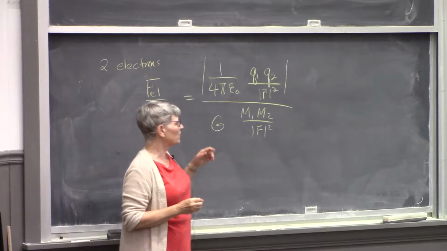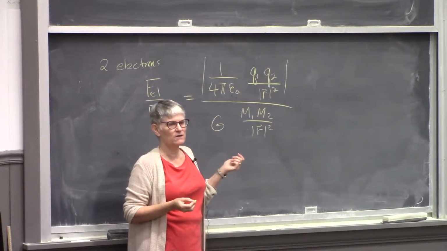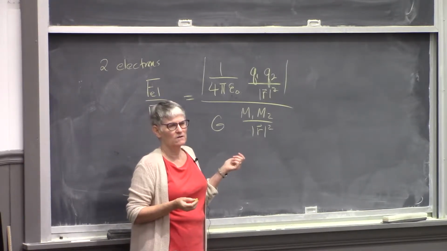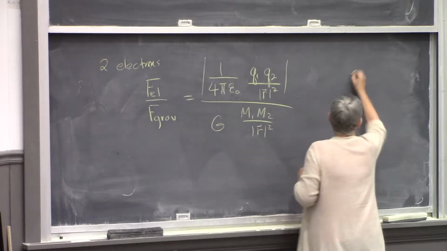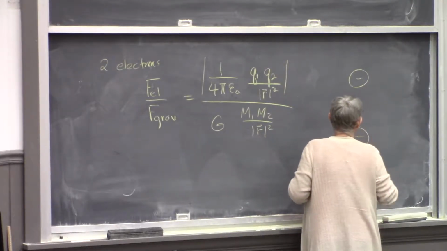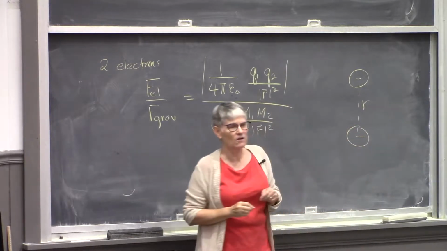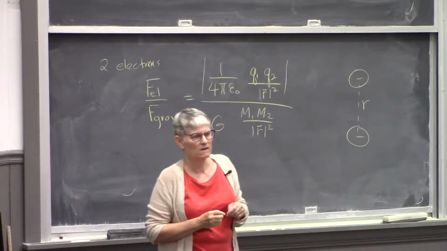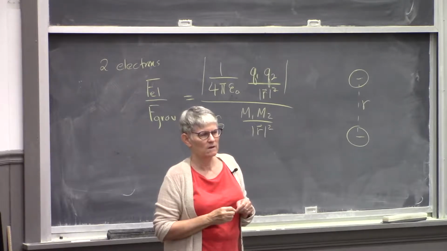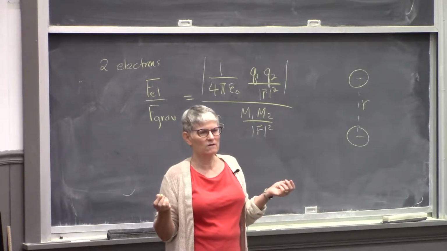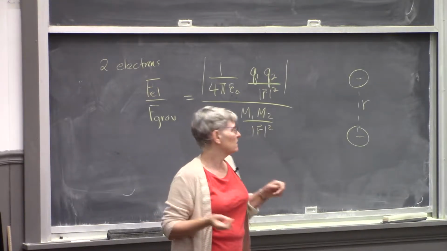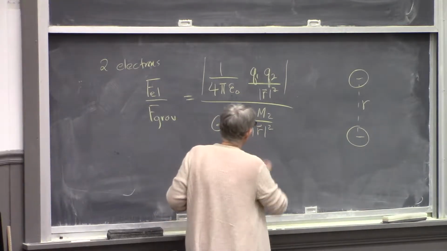So what things are the same in these equations? We're talking about two electrons separated by some distance r. It's that 1 over r squared that's the same, right? And so actually, these cancel.